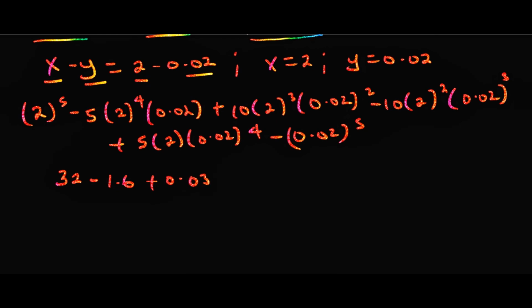Now plus 0.032 minus 0.00000016, plus, and that should be minus because it was a minus there.